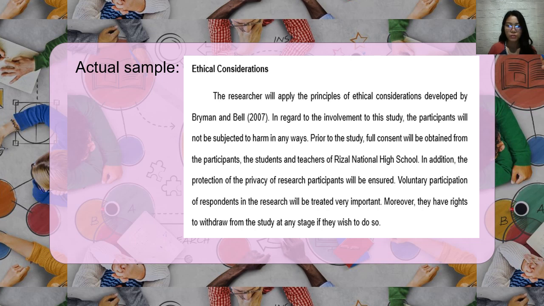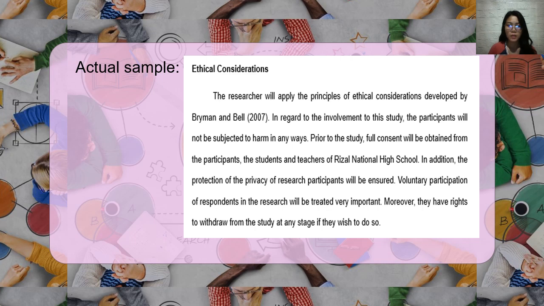In regard to the involvement in this study, the participants will not be subjected to harm in any ways. Prior to the study, full consent will be obtained from the participants, the students and teachers of Rizal National High School. In addition, the protection of privacy of research participants will be ensured.